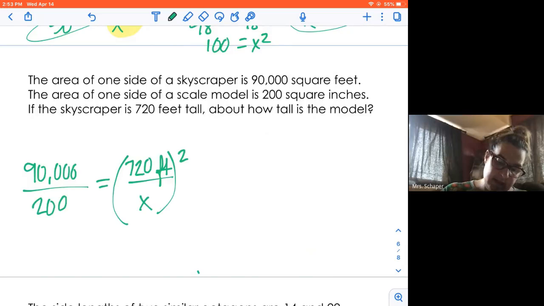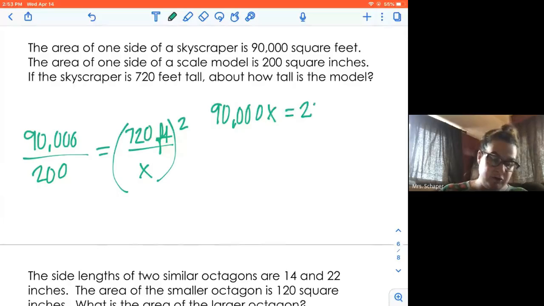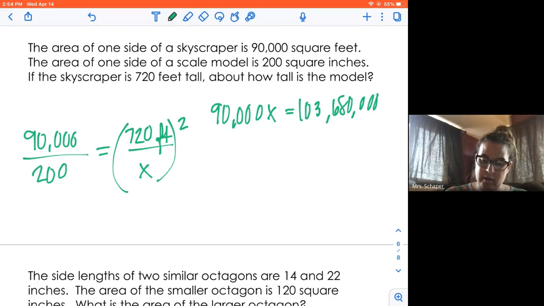So I'm going to say that 90,000 times X is equal to 200 times 720 squared. Ooh, big number. 103,680,000. Right, divide by 90.